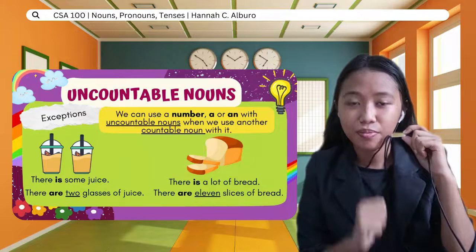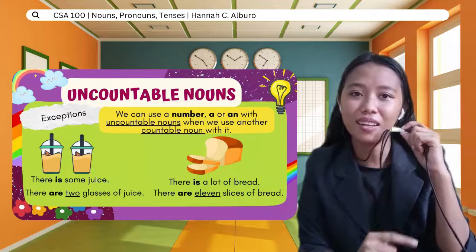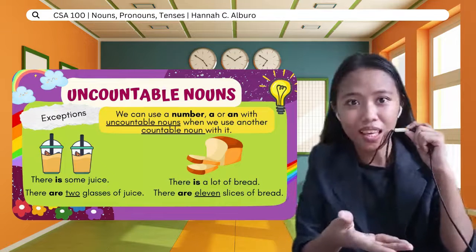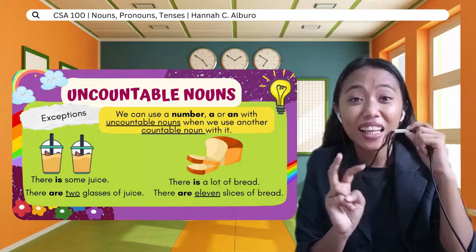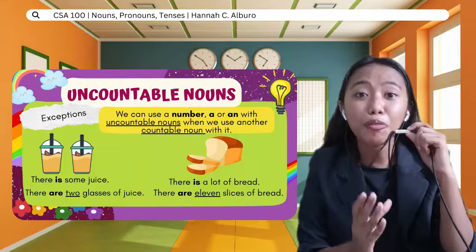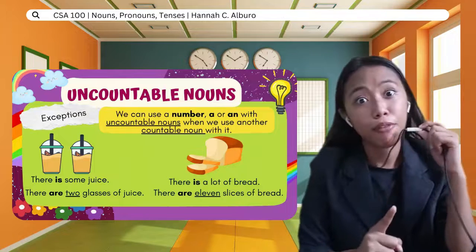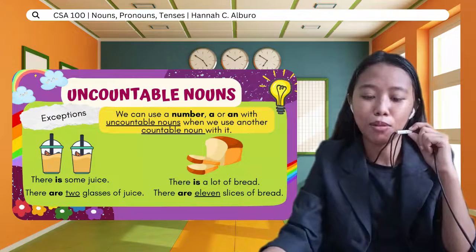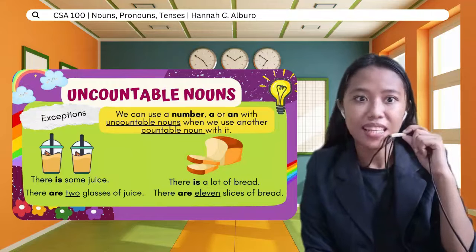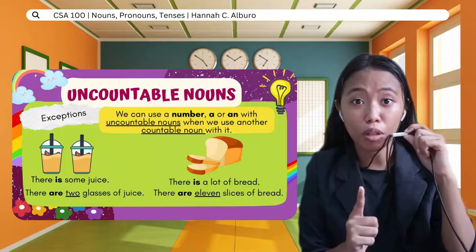What this idea is conveying is that uncountable nouns can be counted if we use counters. So let's have a look at this example. At our first example, "there is some juice." Juice is an uncountable noun, right?